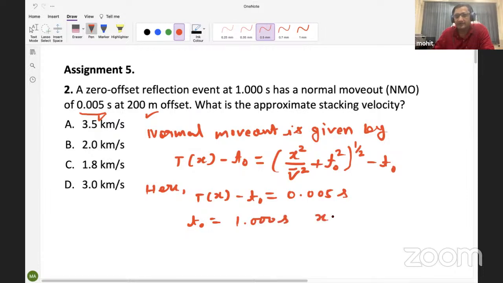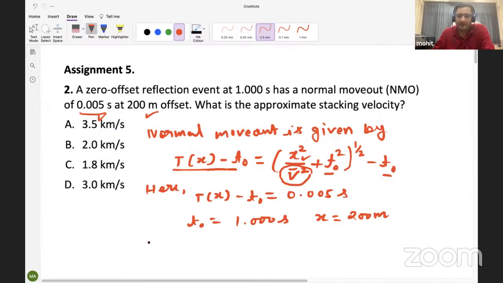And the offset distance x is given, that is 200 meter. So when we put all these values, Tx minus T naught, T naught, and x equal to 200, you can easily find the value of v bar squared, or the stacking velocity.